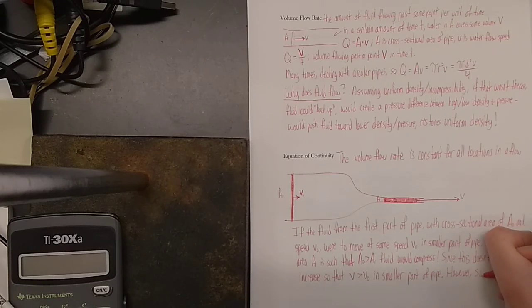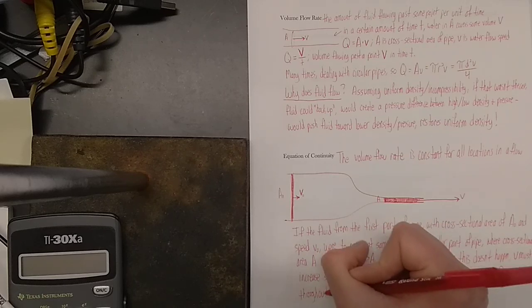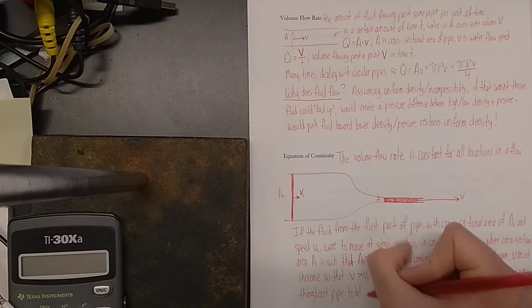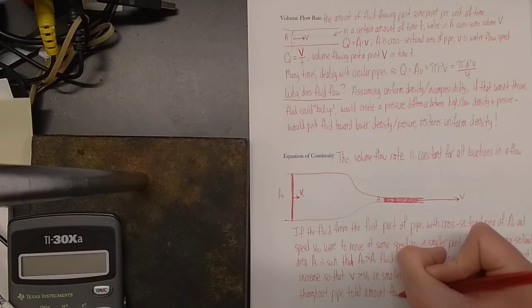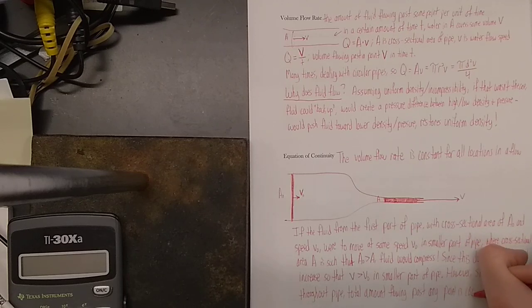However, since Q, the volume flow rate, is the same throughout the pipe, the total amount flowing past any point is constant.